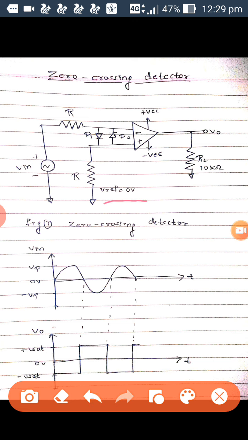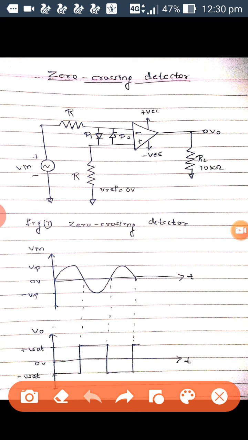Now the operational amplifier will compare the input voltage V in with this V reference, that is 0 volts that we have given. The operation will be same as comparator, but it will be comparing the input voltage with the 0 volts here. That is the difference between a comparator and a zero crossing detector.